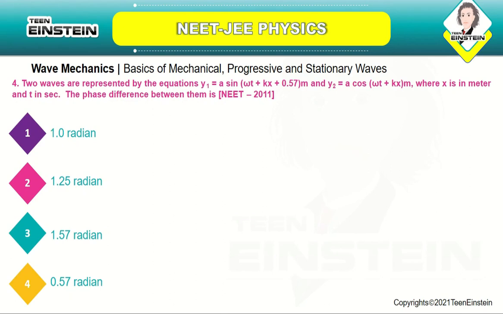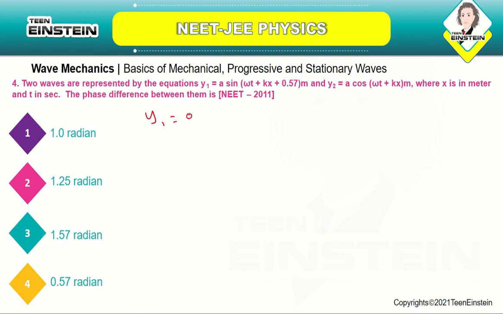Two waves are represented by the equation y1 is equal to a sine omega t plus kx plus 0.57 meter, and y2 is equal to a cos omega t plus kx meter, where x is in meter and t is in second. The phase difference between them. Okay, so write down the equations first.